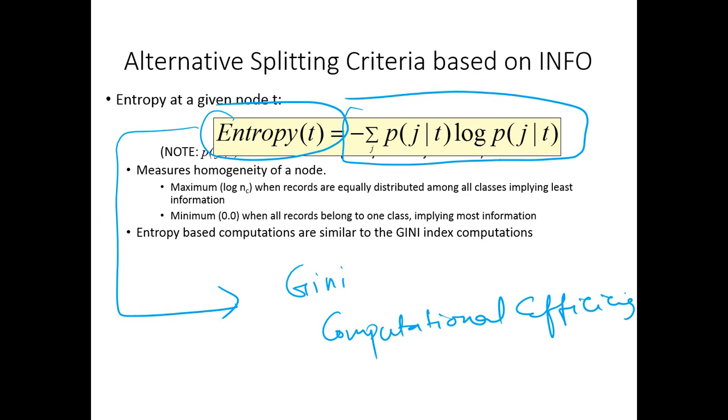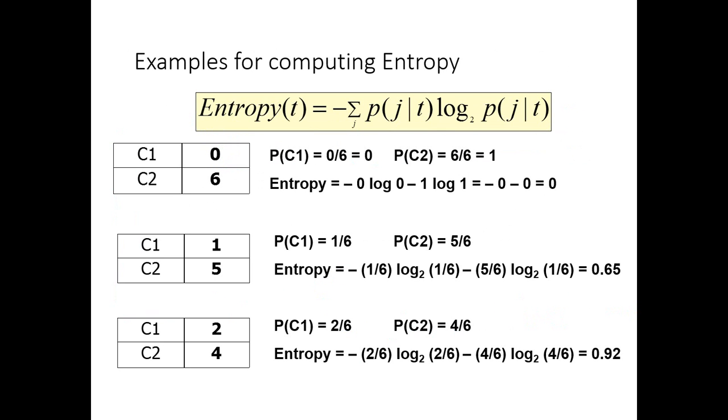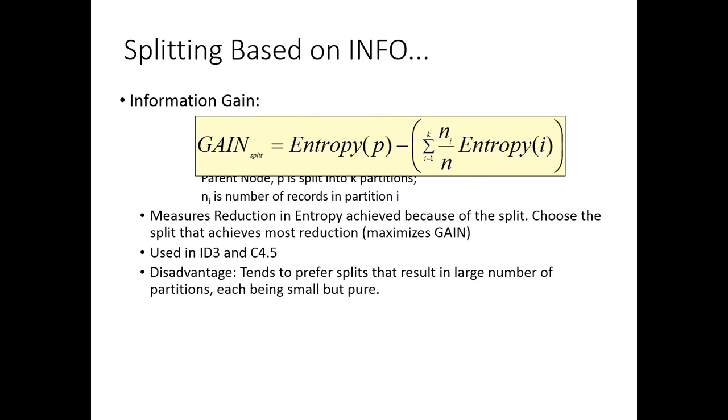So entropy is just another improvisation on Gini, where the computational power has now improved a bit, depending on the case of course. Entropy is just another way of finding a criterion. The computation is very similar to what we have seen, except the formula has changed now. You can see the formula was different. We were subtracting from 1, but that has now changed. Otherwise, the calculation is pretty much the same.